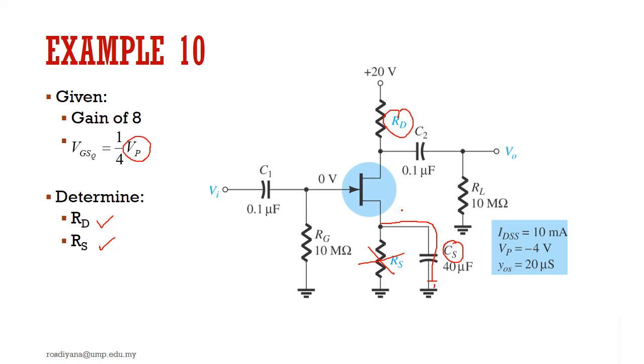However, during the AC analysis, the RS is eliminated. So you need to find the RS during the DC analysis, or another way, you can get the RD first, then find the RS.